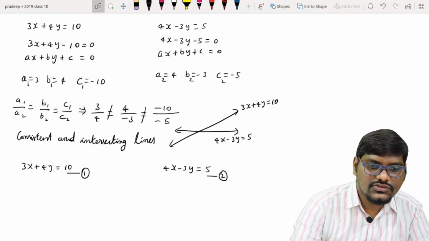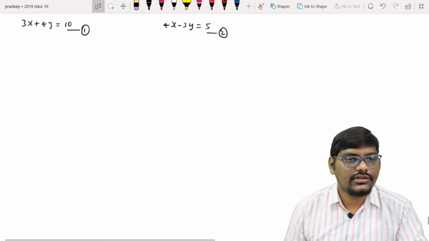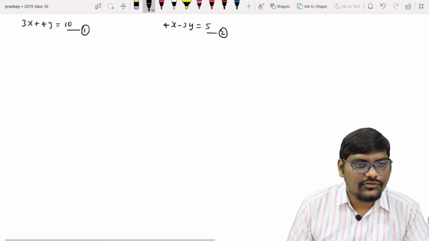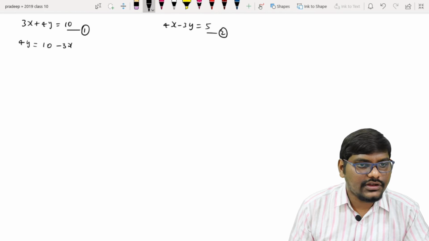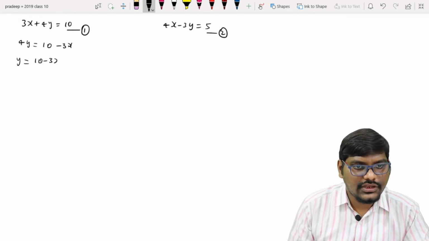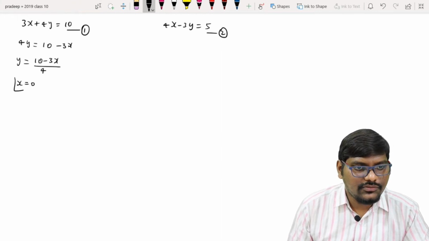So well, let's do this. I'll first find the points and then we'll draw the graph. I'll keep 4y on one side and send 3x to the other side. So y is equal to 10 minus 3x by 4. I'll take x equal to 0. Let's see what y value I get.